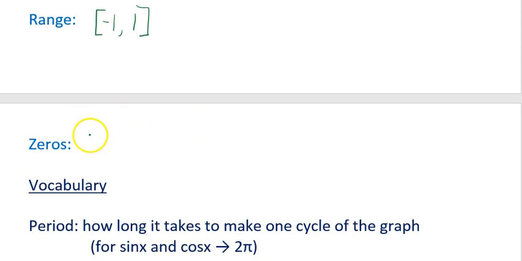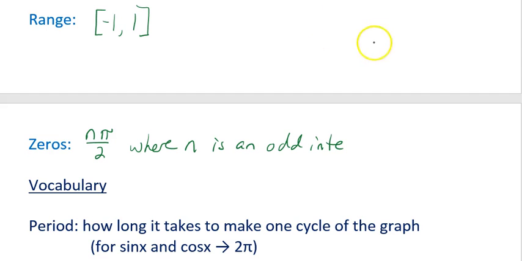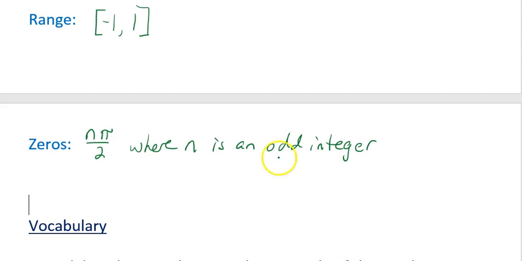Obviously it's multiples of pi over 2, so I'm going to say n pi over 2, where n is an odd integer, because we had the 1, the 3, the 5, the 7. And that will work. Another way to write it is pi over 2 plus n pi. That will land us in the same places.